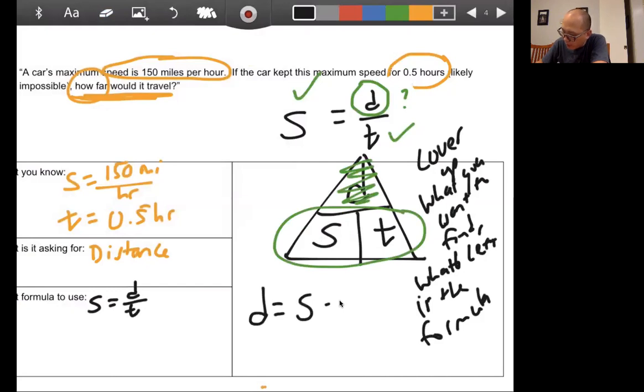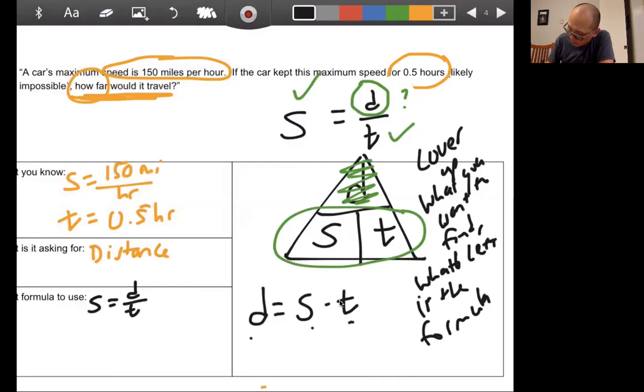Speed multiplied by time gives you distance. The speed, how fast something's going, multiplied by how long it's traveling, the time. If you multiply them together, you'll figure out the distance, how far it went, okay? This is a little trick, it just works.